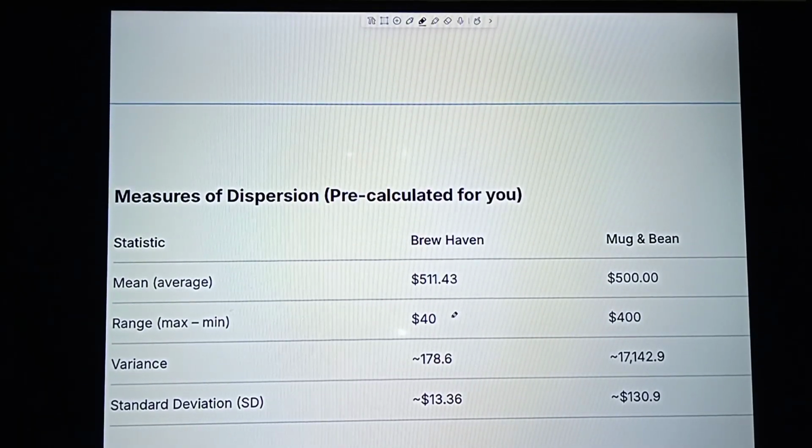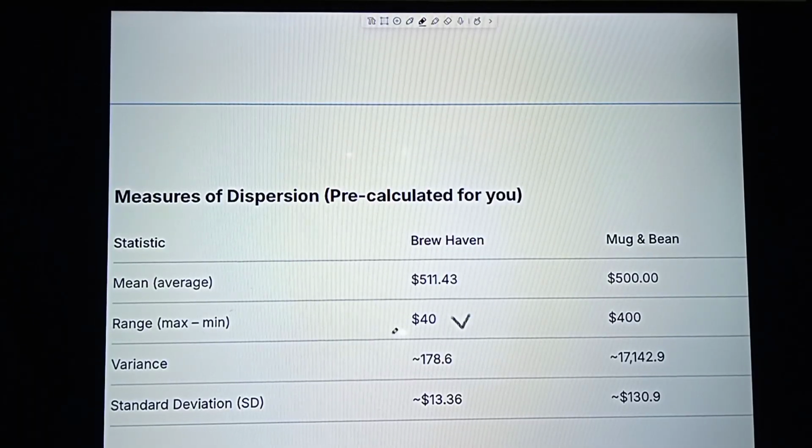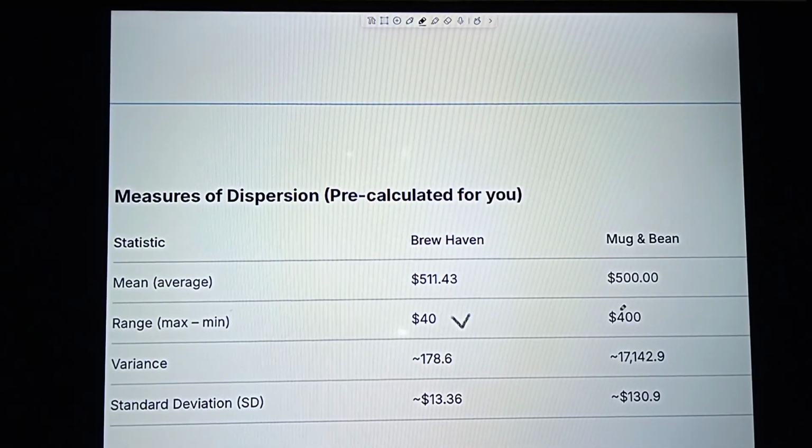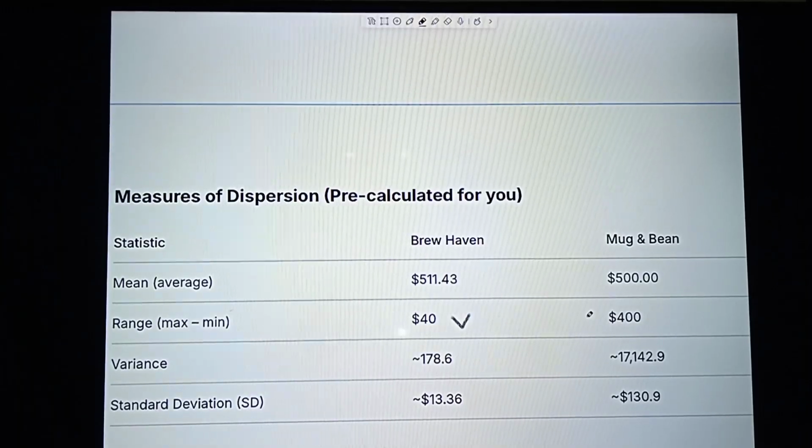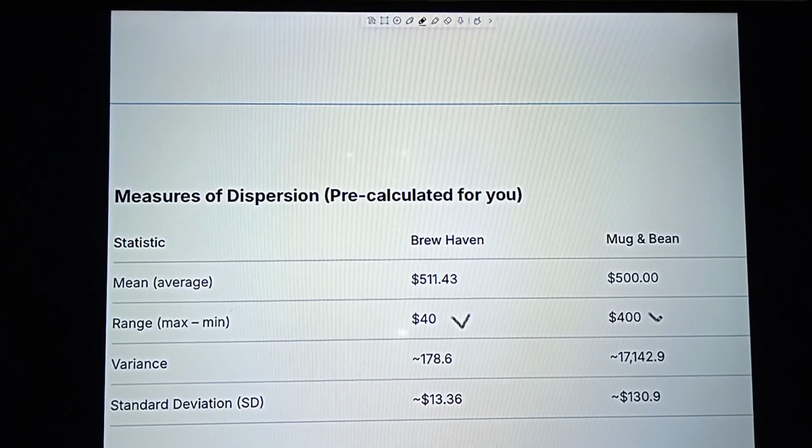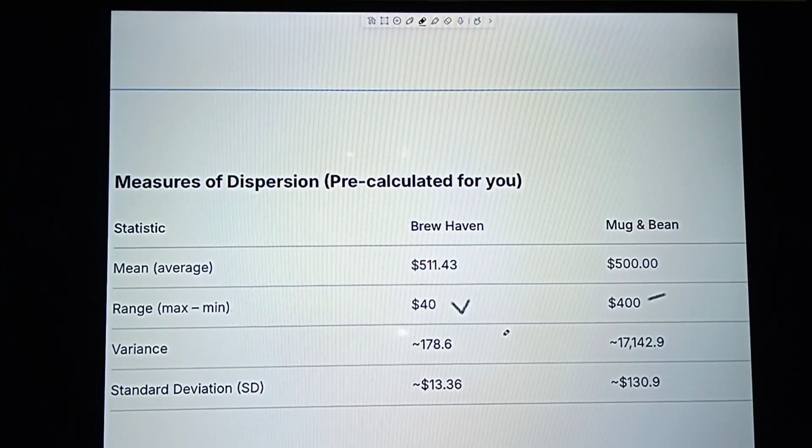Range for Breve Haven is $40, which is the difference between the maximum and minimum. And the range for Mug and Bean is $400.